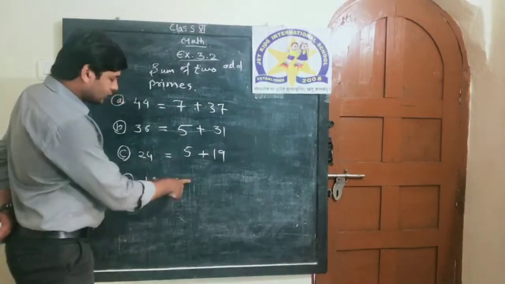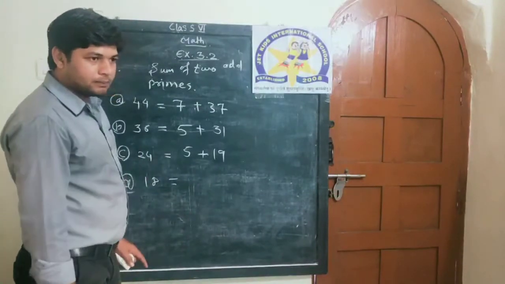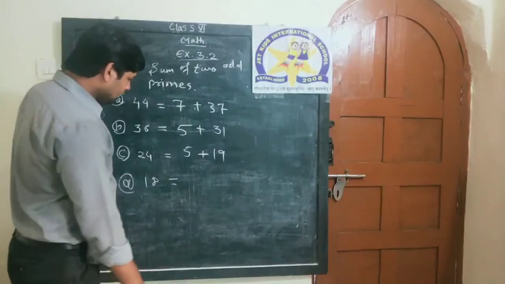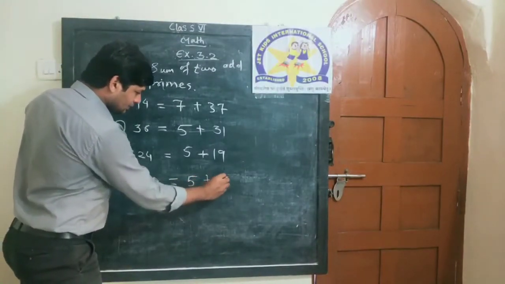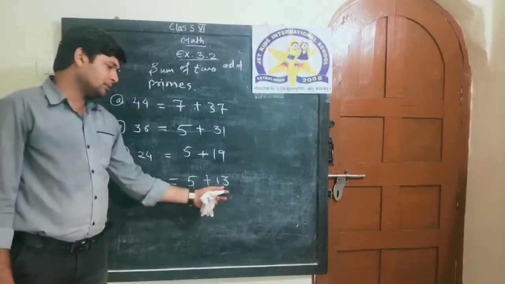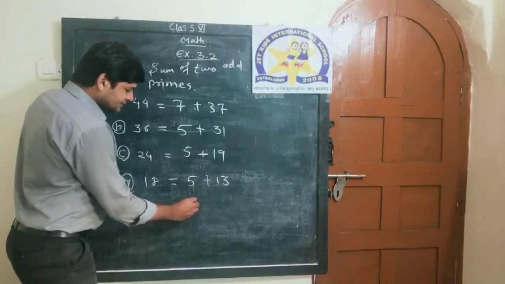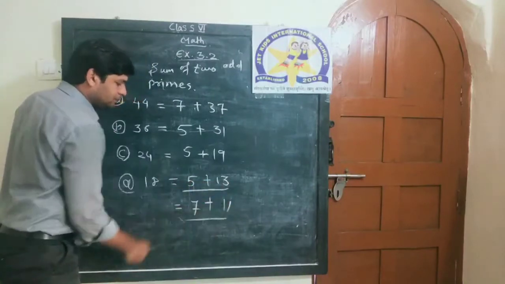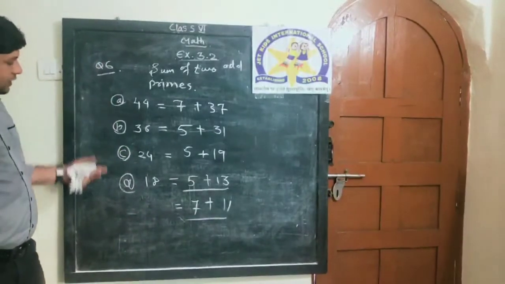If I am taking 3 plus 15, but 15 is not a prime number, then we can write 5 plus 13. So 5 is also a prime number, 13 is also a prime number. One more thing we can write here, 7 plus 11, both are prime pairs.